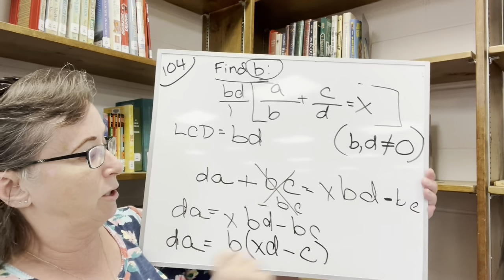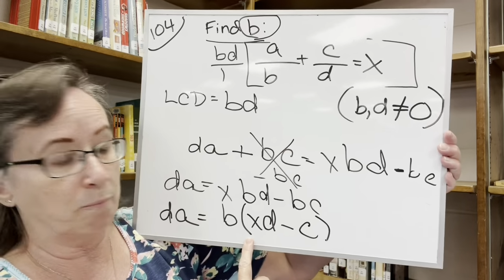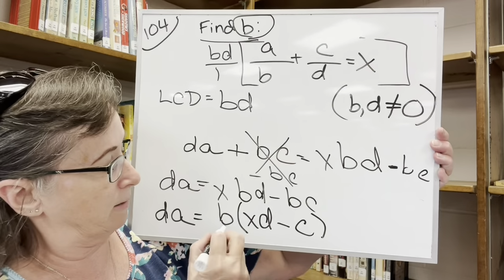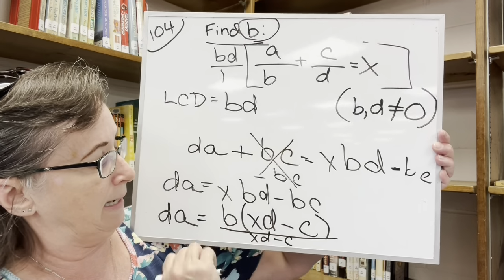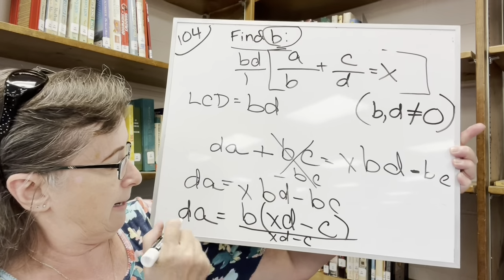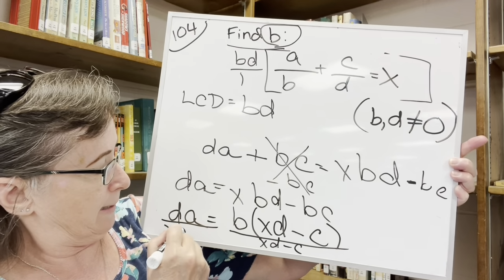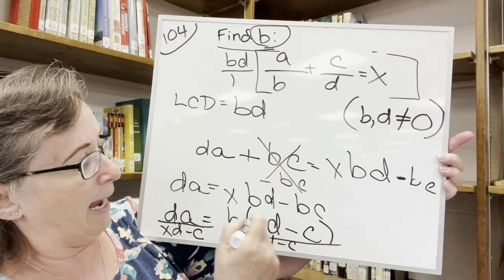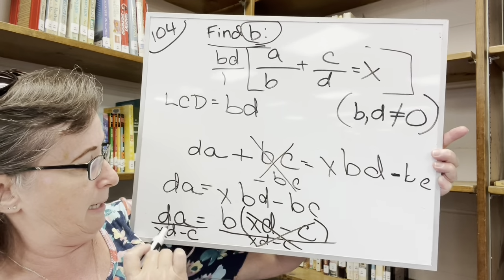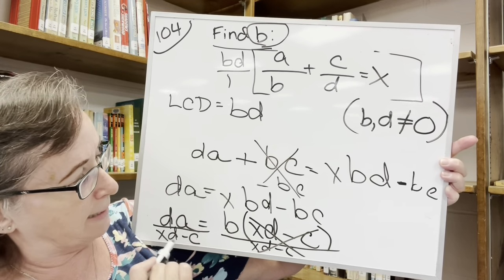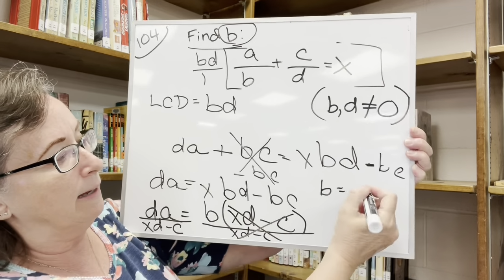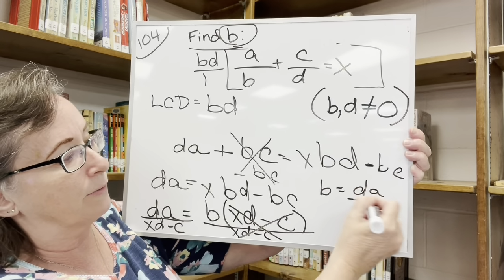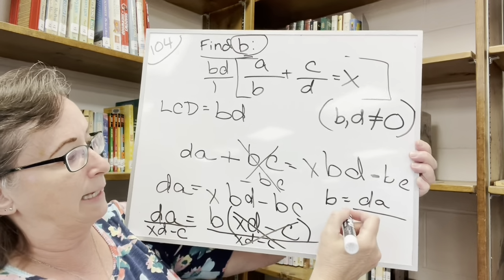So I'm going to divide by xd minus c. I'm going to divide this side by xd minus c, and I'm going to divide this side by xd minus c. And that cancels, and I get b equals DA over xd minus c. So b equals DA over xd minus c.